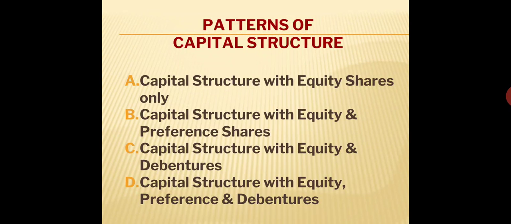So ultimately the company gets the benefit of this structure, because on debenture interest it gets the tax benefit, and the equity dividend is not compulsory to pay regularly and timely to shareholders. So ultimately the company gets the maximum benefit.